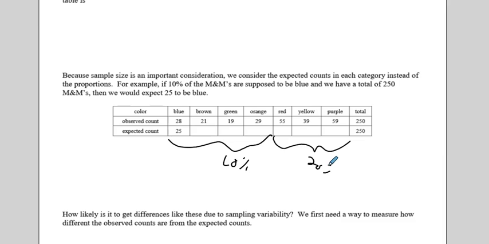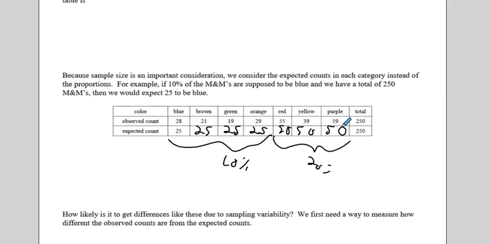So, quite simply, if we take 250 and multiply by 0.10 on the calculator, or just simply move the decimal left, we get 25 for all of these. So, blue, brown, green, and orange, we expect 25 of each color. 20% is double that of 10%, so quite simply 50, 50, and 50. Okay, that's what we expect.